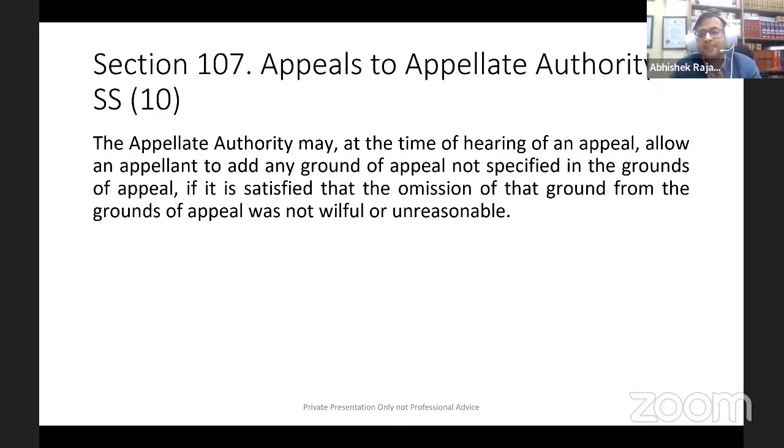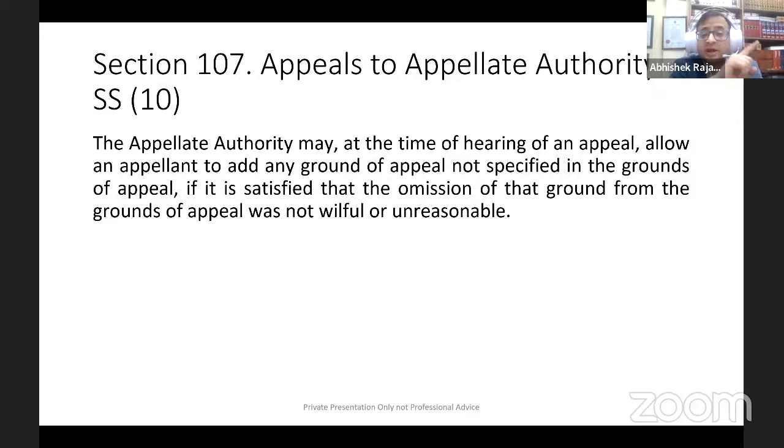See, usually whatever grounds you have taken in your first reply to notices, you have to continue with the same. But that does not mean that you cannot add fresh grounds in appellate matters.